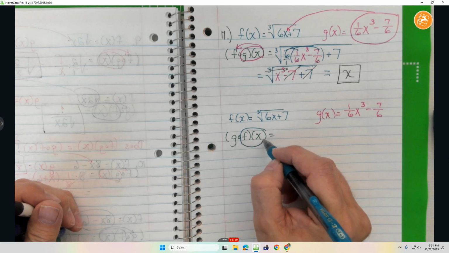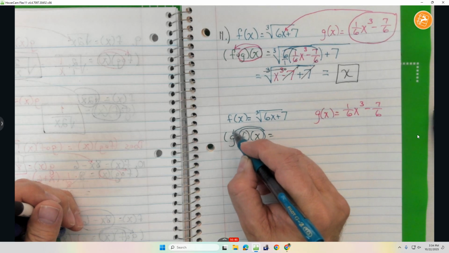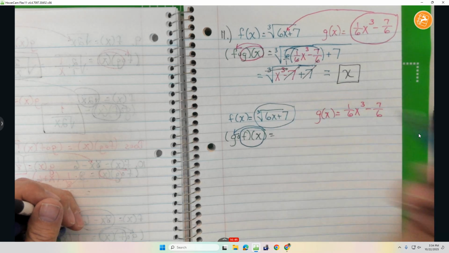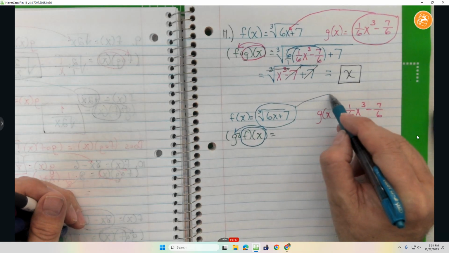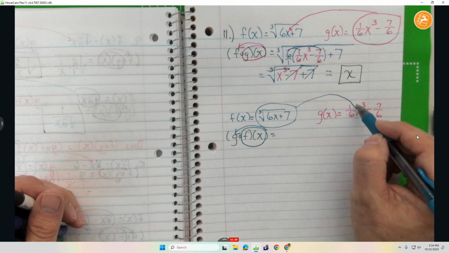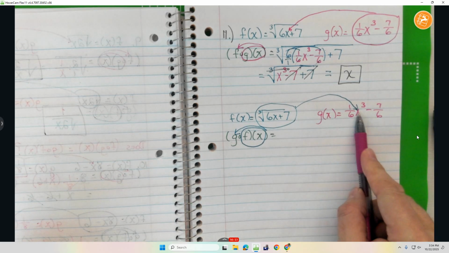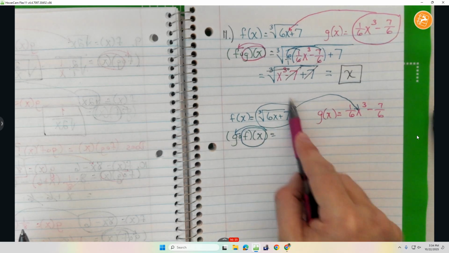Plug f into g. So plug all of this into g. In place of the pink x, I'm going to have this big cube root.